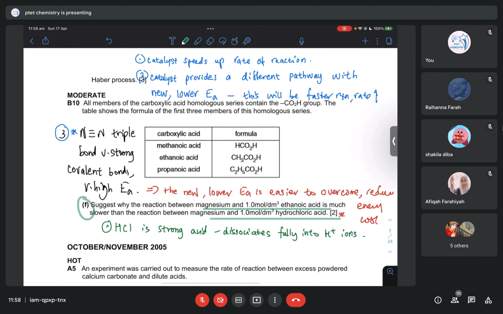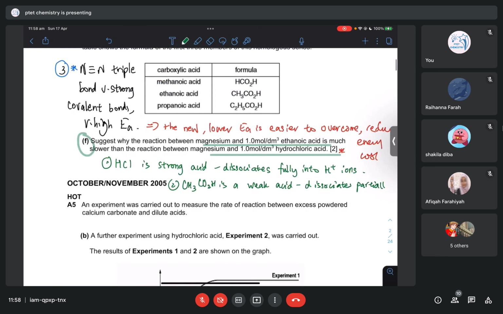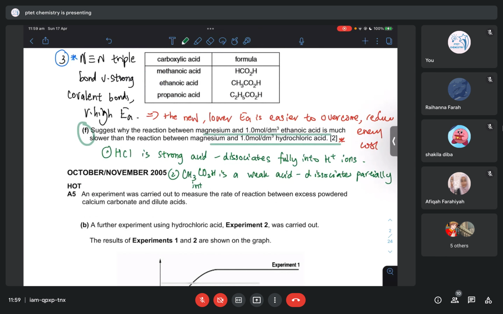But then what we know is CH3CO2H is a weak acid. So what does a weak acid do? It only dissociates partially into H plus ions. If you dissociate partially only into H plus ions, so what we can say is lower concentration of H plus ions, even though they have the same concentration of the acid, but we are not talking about the acid on its own.